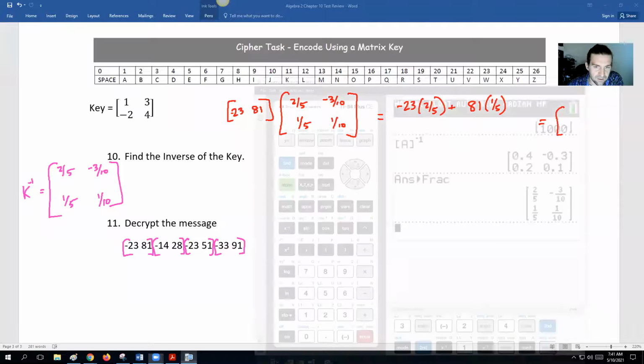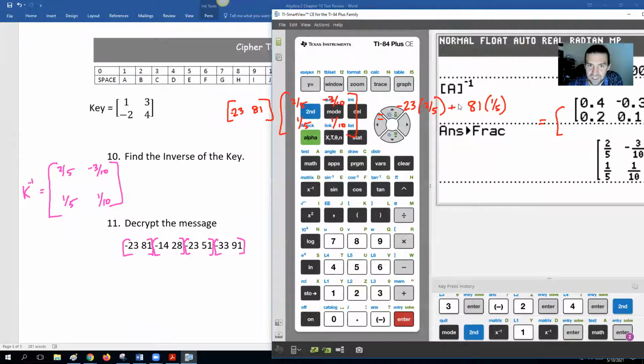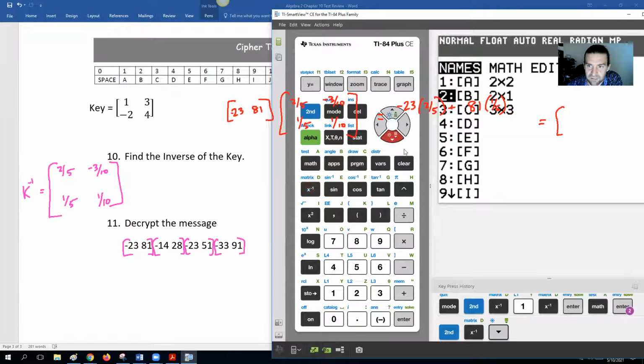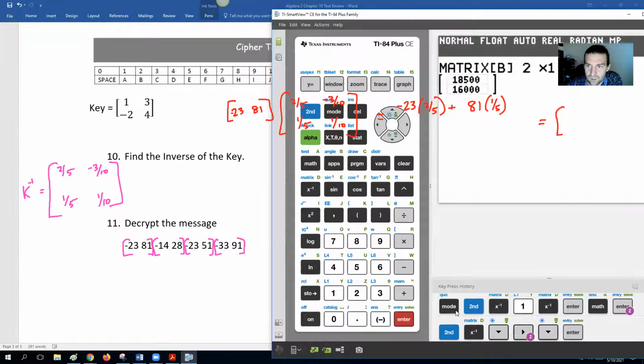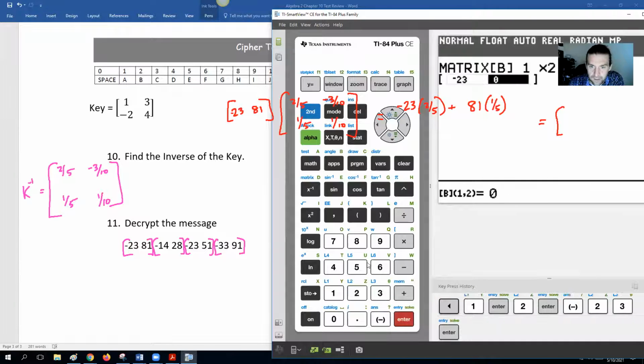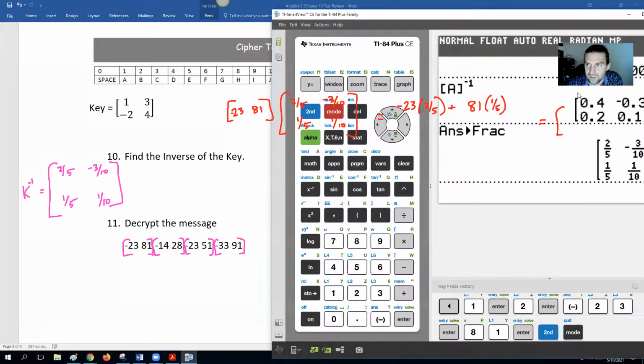So in our calculator here, we already have matrix A as the key, and we already have key inverse set up. We're going to get a little tricky here. We'll make matrix B, and we'll edit it. It's a 1 by 2 matrix, negative 23, 81. Actually, let's do it the long way.